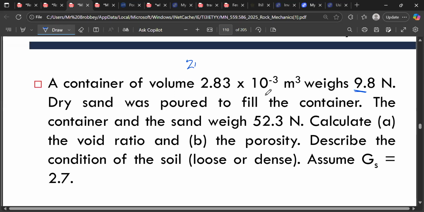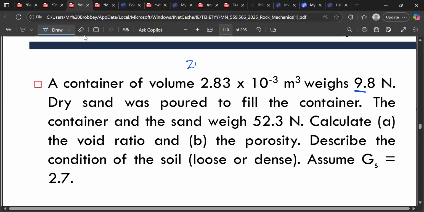Dry sand was poured to fill the container. The container and the sand weigh 52.3 newtons. Calculate A, the void ratio, and B, the porosity. Describe the condition of the soil, whether it is loose or dense. Assume that Gs is 2.7.